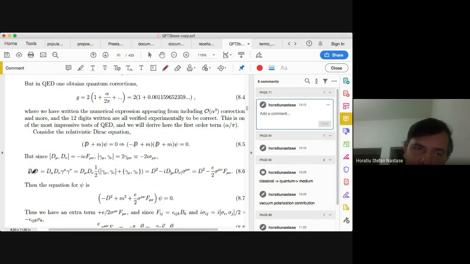Then we find that D slash D slash is D mu D nu gamma mu gamma nu.